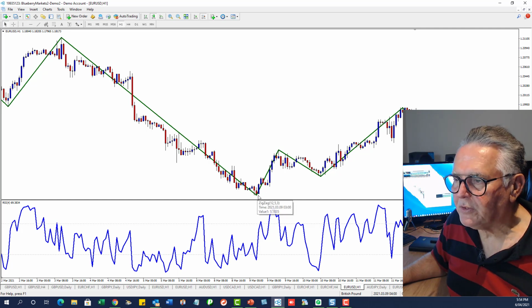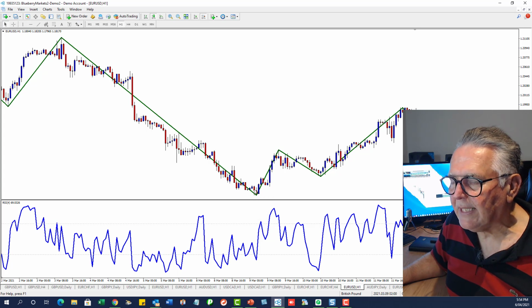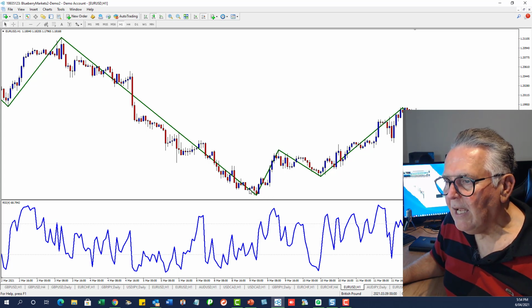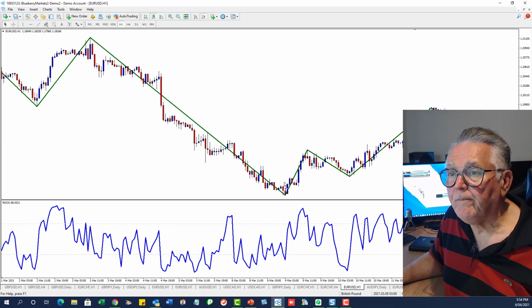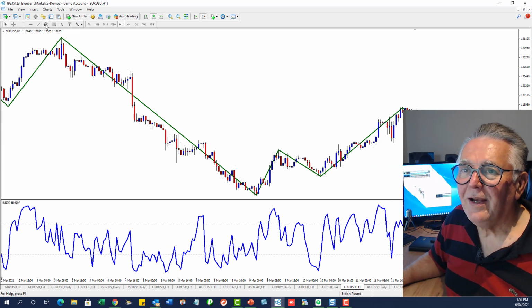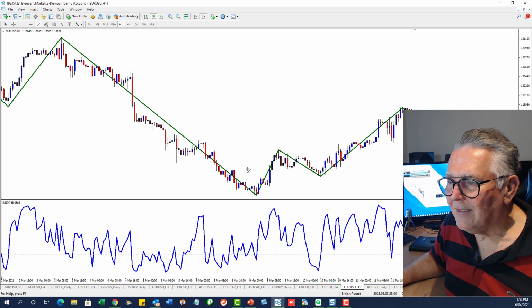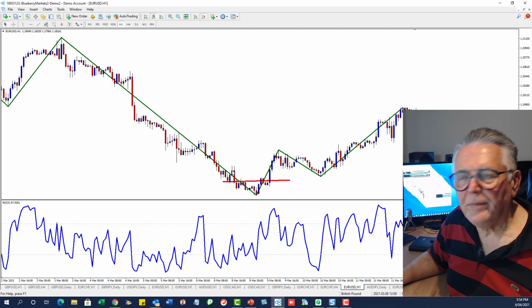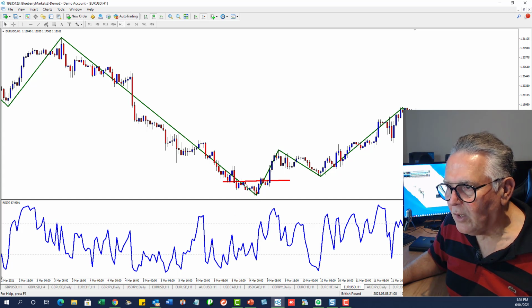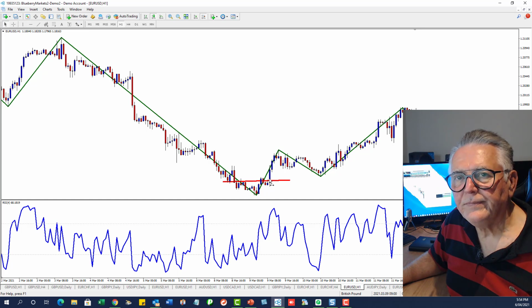Sort of a double bottom there or something like that, but there are so many double bottoms, you can't take that as a reversal. So there's nothing all that much, although hang on, I've just seen something here. Let's have a look at this one. You've got to use your imagination, but there's the shoulder, there's the head, and there's the shoulder.